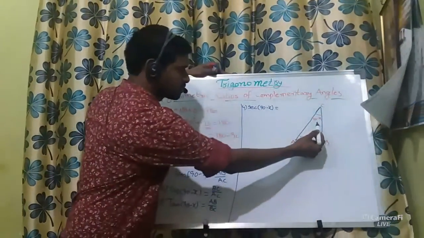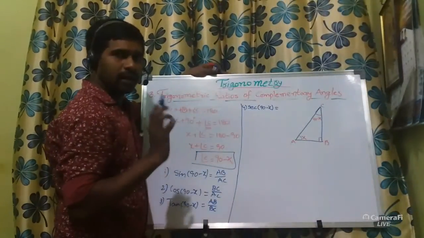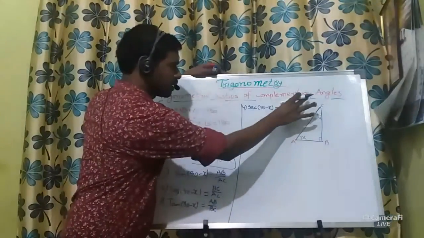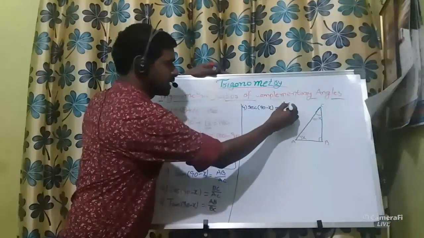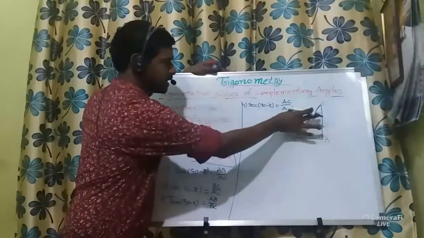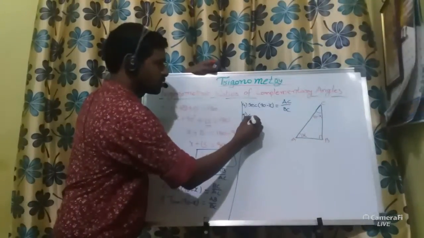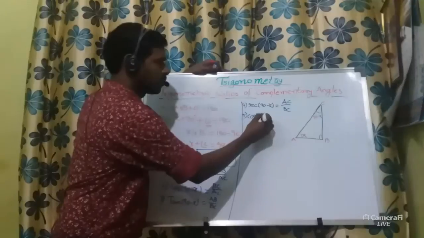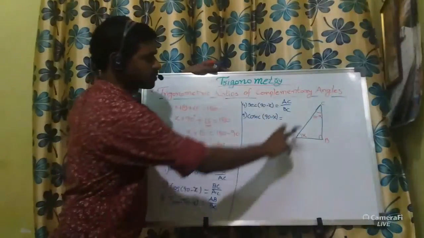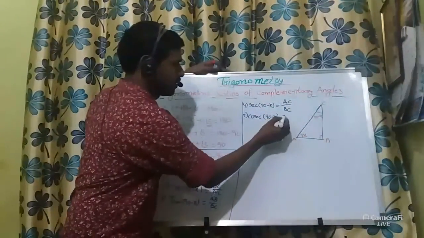Secant 90 minus x means, what is the formula? Secant is hypotenuse by adjacent side. Hypotenuse is AC, adjacent side is BC, so AC by BC. And the fifth one, cosecant 90 minus x, is hypotenuse by opposite side.